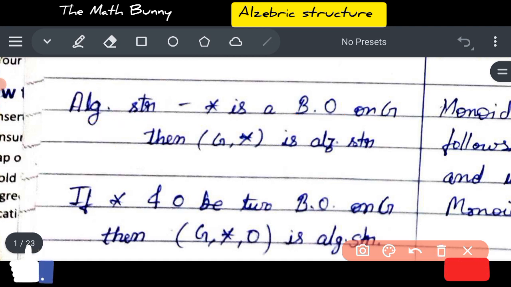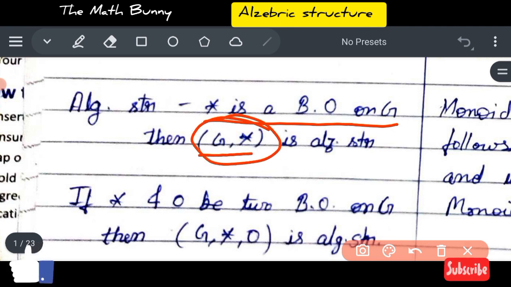So in algebraic structure, say star is a binary operation on set G, then (G, star), this type of structure is called an algebraic structure.